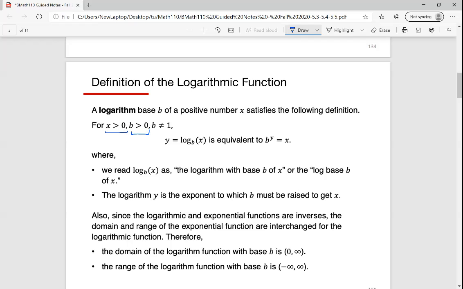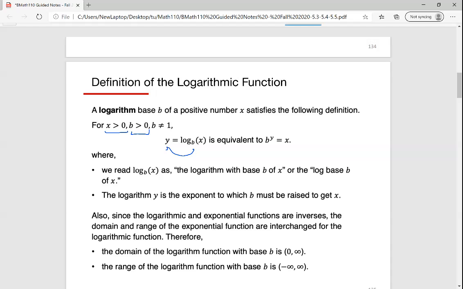Also, base b, the same as the exponential function, has to be greater than 0 and not equal to 1. And then y equal to log base b of x is equivalent to base b raised to y equal to x. You can see that.